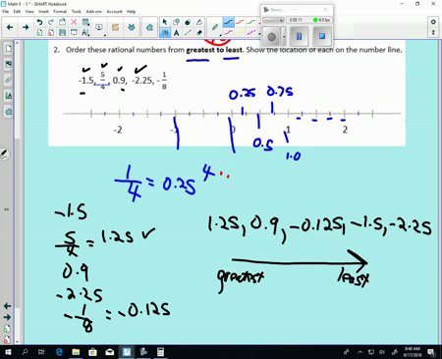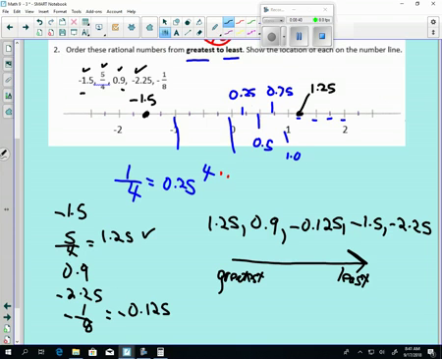And if we were to plot them here, minus 1.5 would be right here. 5/4 is 1.25. Here's 1, so 1.25 would be right here. 0.9: here is 0, there's 0.25, 0.5, 0.75.